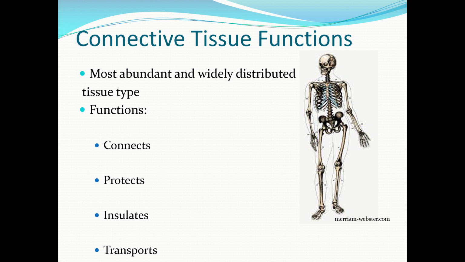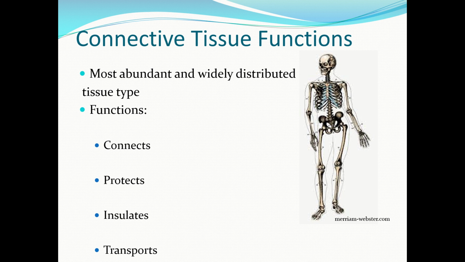Connective tissue protects. Not only does it form the bony framework of the body to protect the vital organs, such as the brain, heart, and lungs, but it also includes the blood, which forms the immune system, which will protect against pathogens.